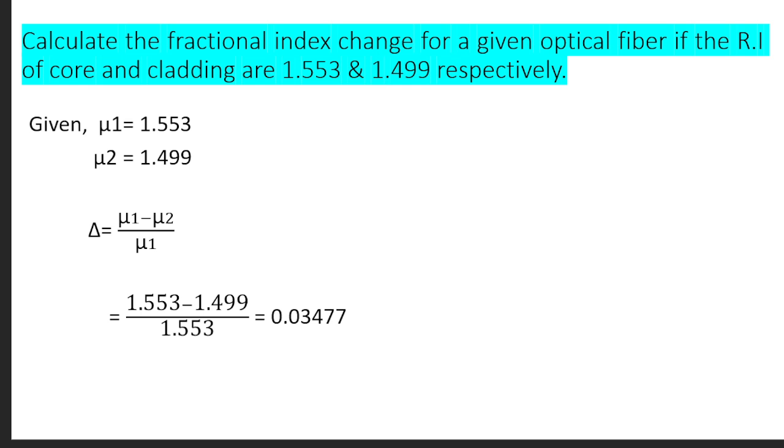So the core refractive index is mu1 equals 1.553 and the cladding refractive index mu2 equals 1.499, and you have to calculate the fractional index. This fractional index is denoted by the letter del, which equals mu1 minus mu2 upon mu1. After putting in all the values of mu1 and mu2, you will get del equals 0.03477.